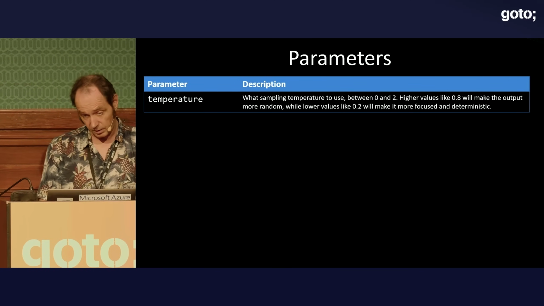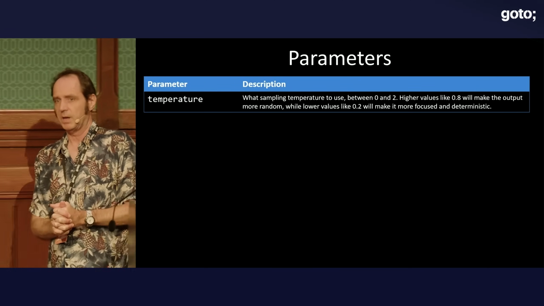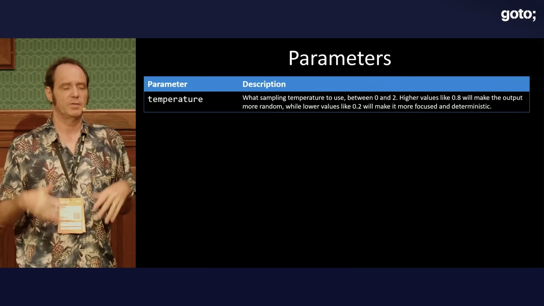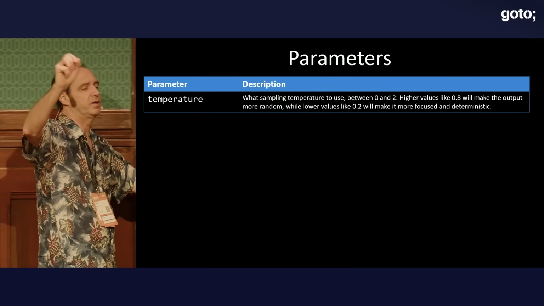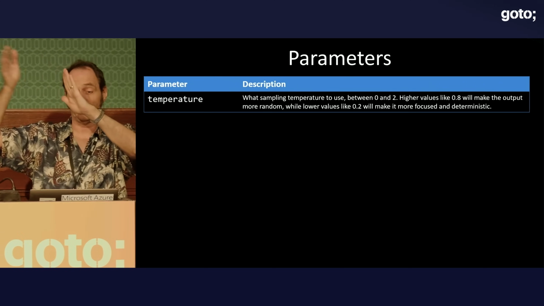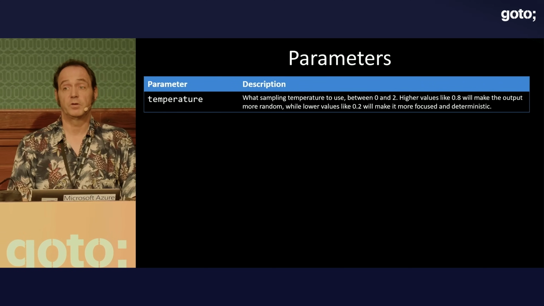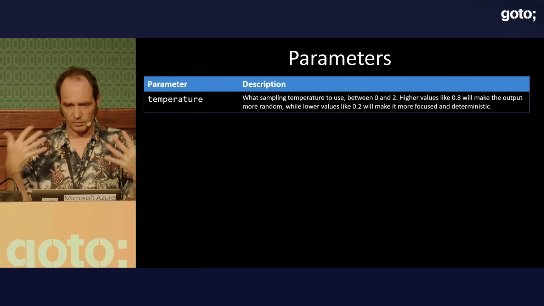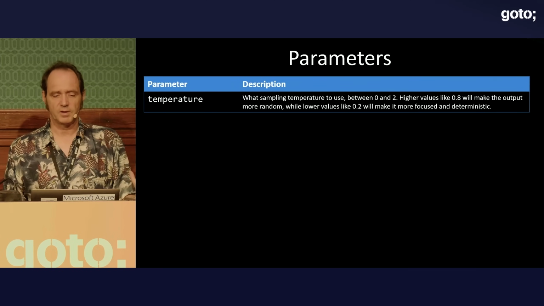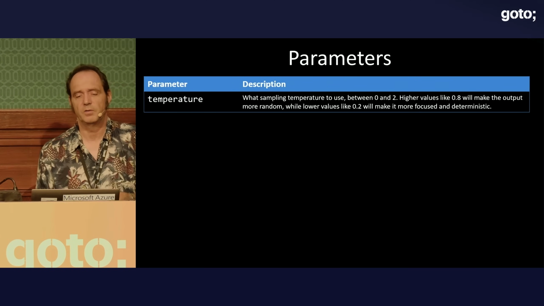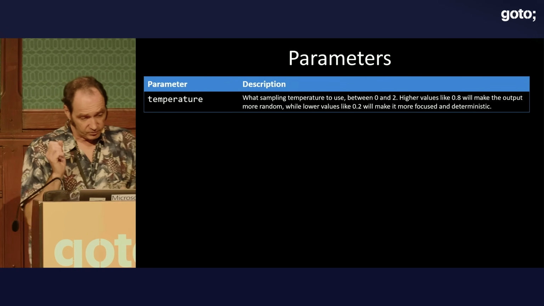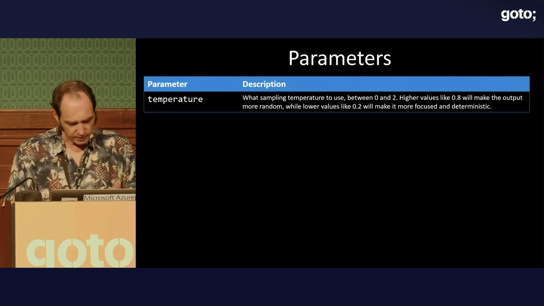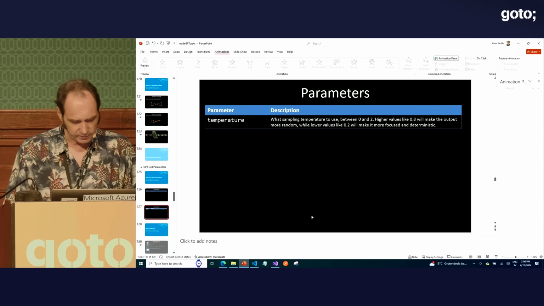However, it goes up to 2. When you're working in the Azure OpenAI Studio, the slider only goes up to 1, because things get very unpredictable above 1 when using GPT-3. If you go up to 2, it can just start generating garbage because it picks one of the random ones. So temperature does have an effect on what is generated.